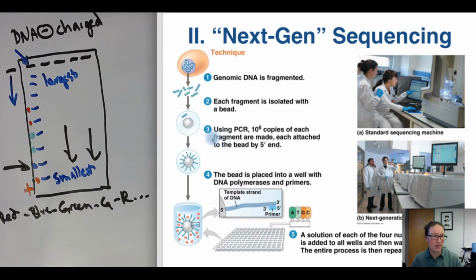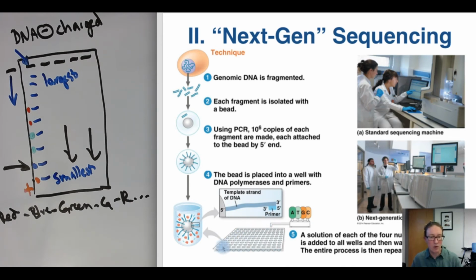And then once the fragments are trapped onto these beads, you use a process of polymerase chain reaction, and we'll talk about that process in a later video, to make extra copies of those fragments. And then your beads have been prepared, and you're ready to put them into a well in a plate that will then contain DNA polymerase, and it will also contain more of those DNA primers that I showed earlier.